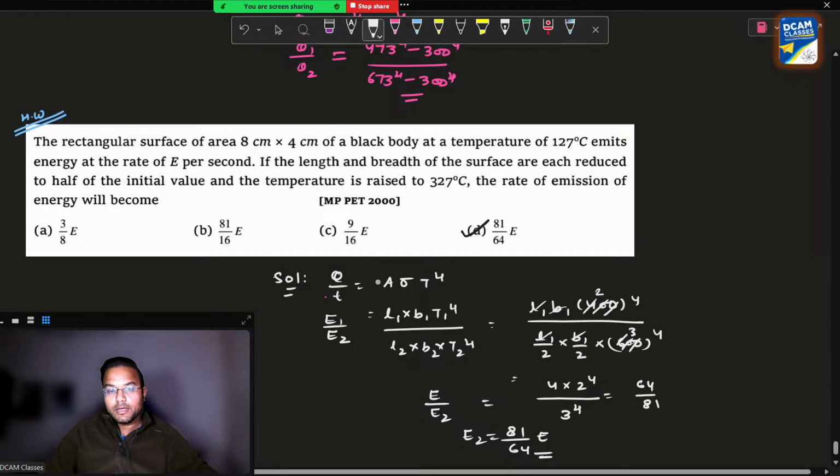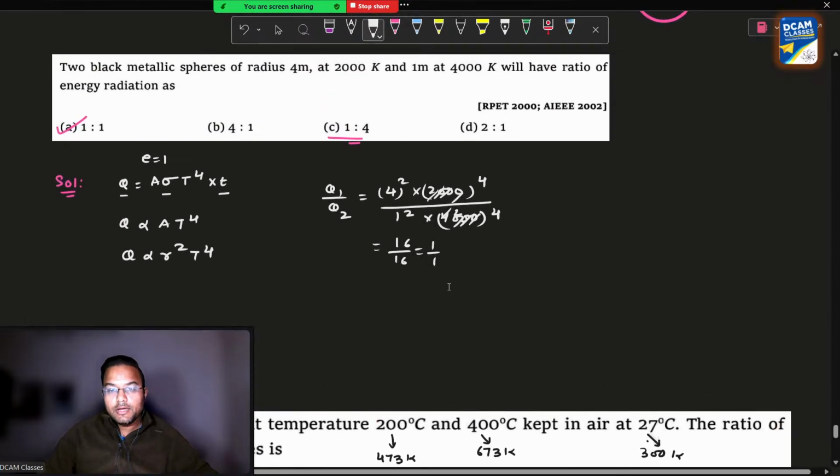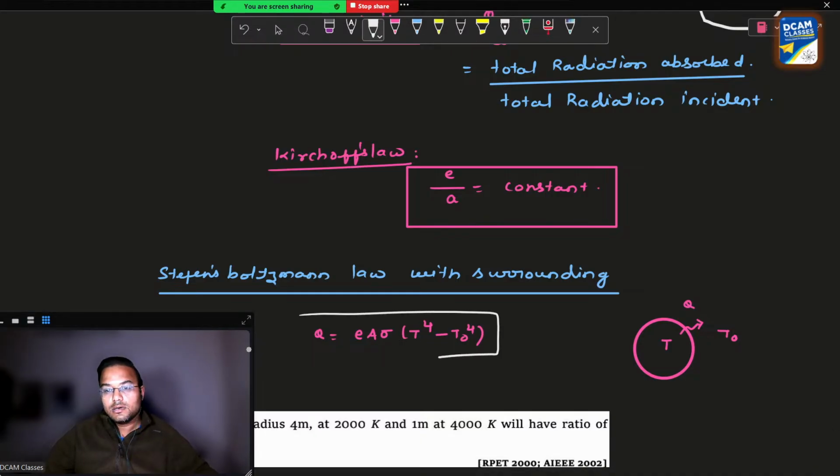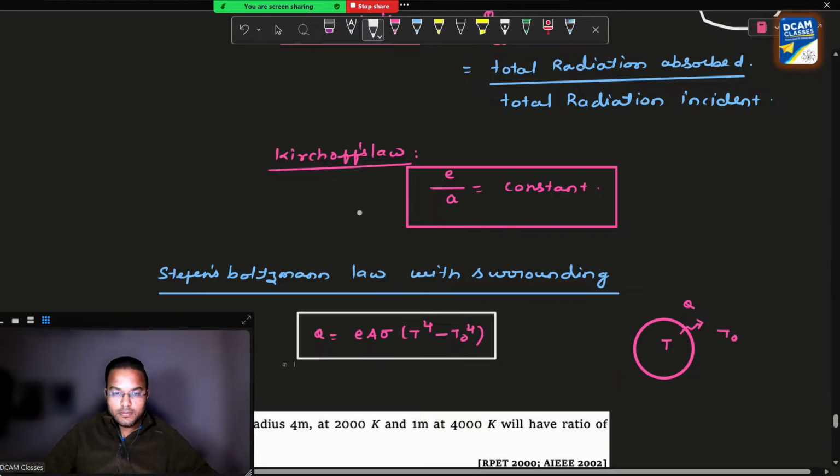Okay. Now till where we have completed? We have done Stefan-Boltzmann law with surrounding.